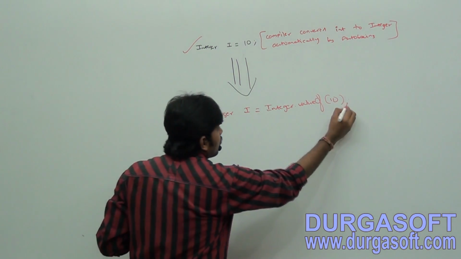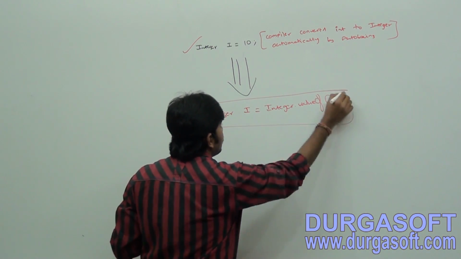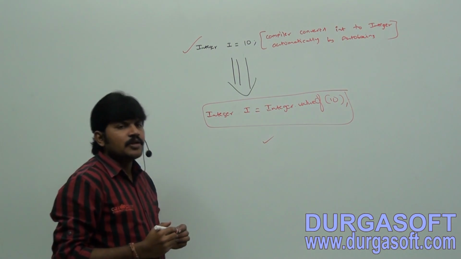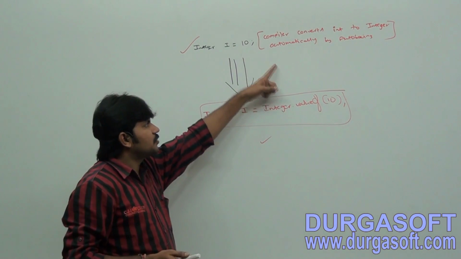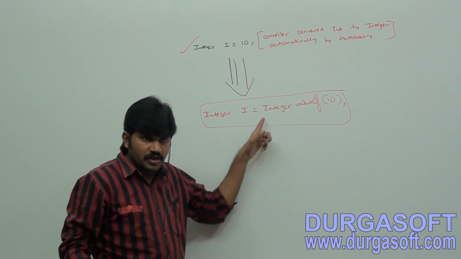Who is responsible for placing this line? The compiler is responsible, that's why we say the compiler is responsible to perform autoboxing. Are you able to understand?